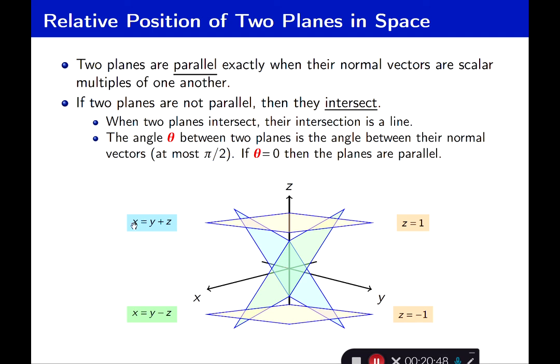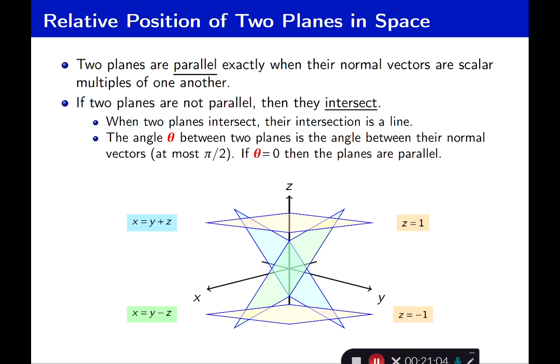For example, there is x equal to y plus z, and x equal to y minus z, the green and blue planes, and they intersect in a line.